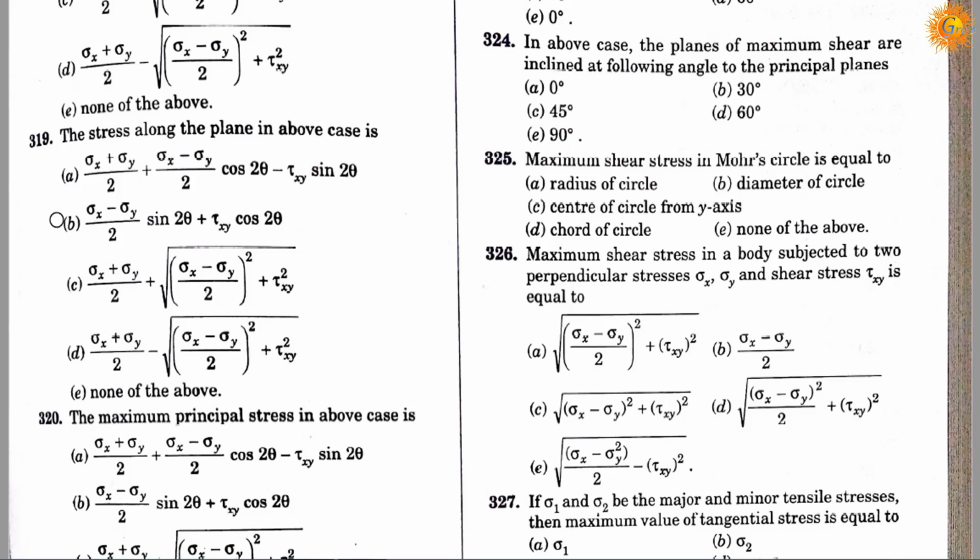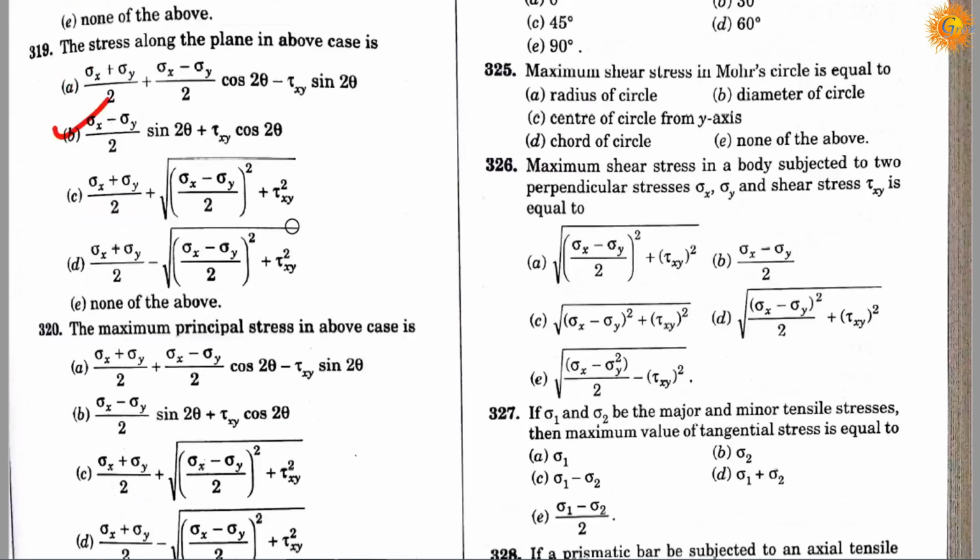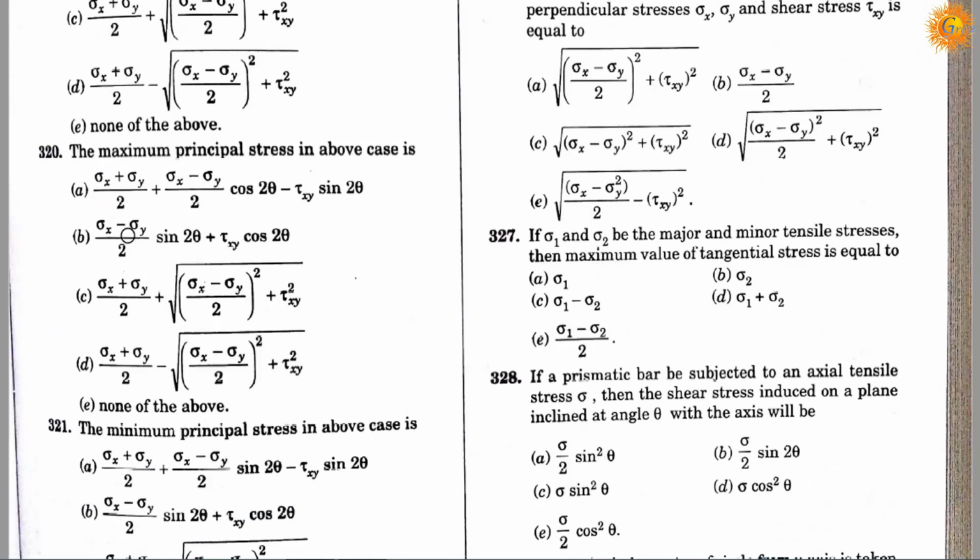The correct answer is B. It will be sigma x minus sigma y divided by 2 sin 2 theta plus tau xy cos 2 theta.